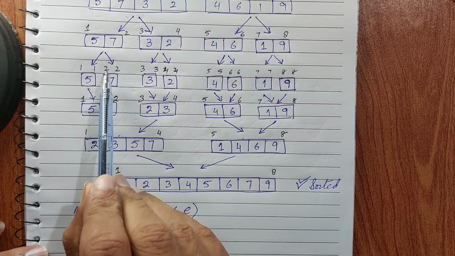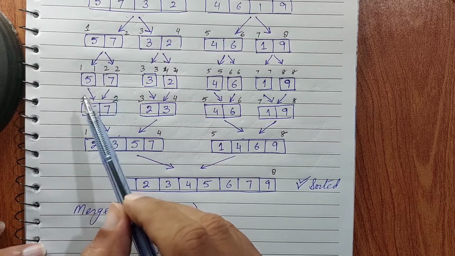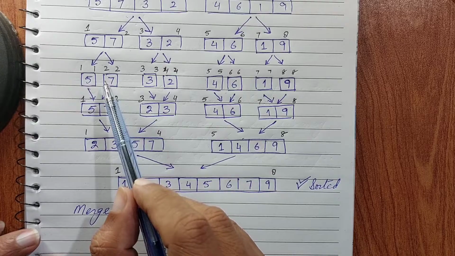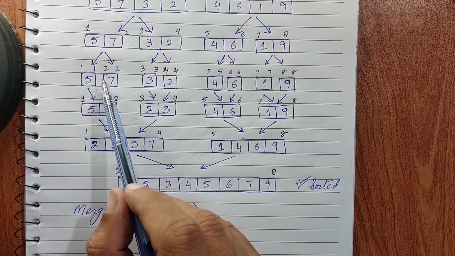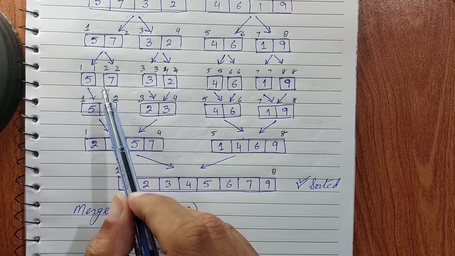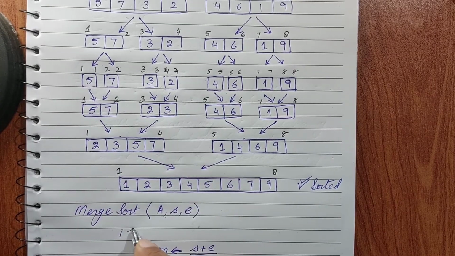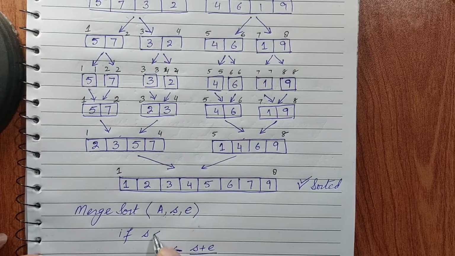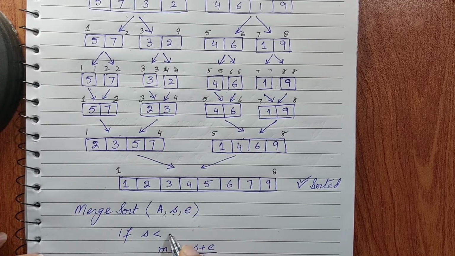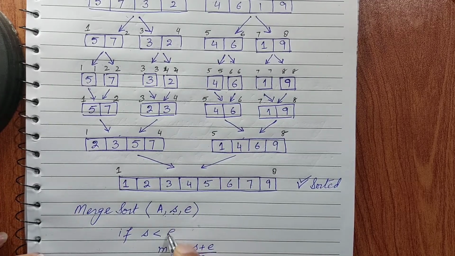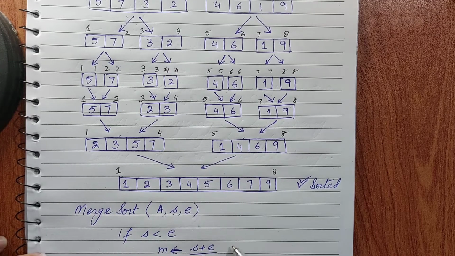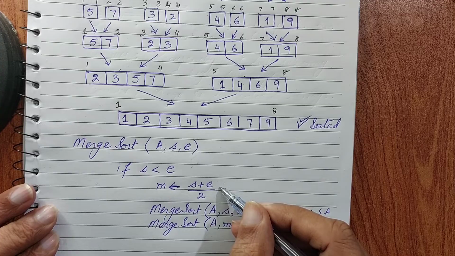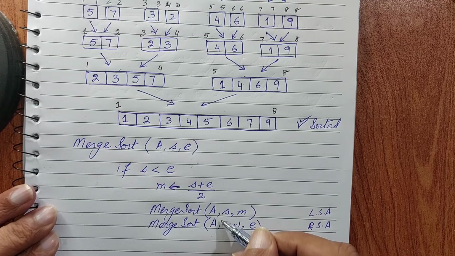So we are going to perform this recursive part if the starting index is smaller than the ending index. We will write it like this: if S is less than E, then we will divide the array and create two subproblems.